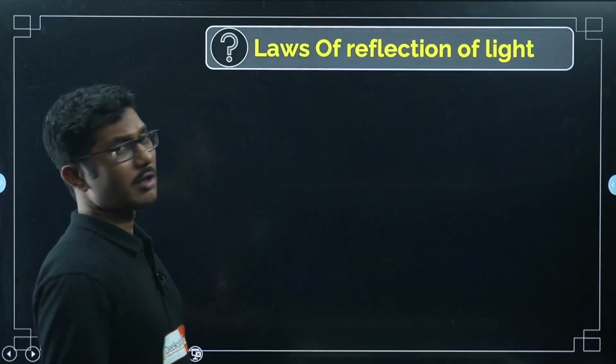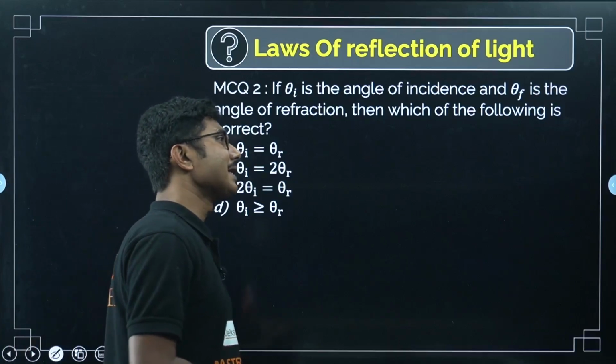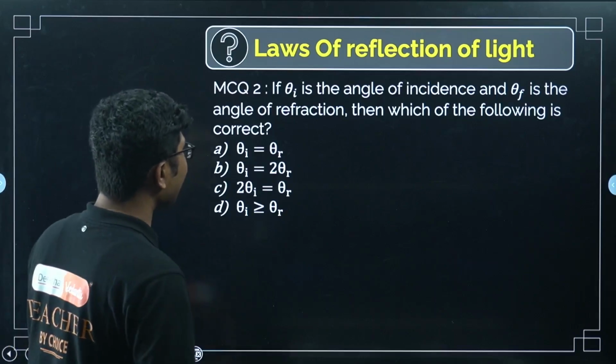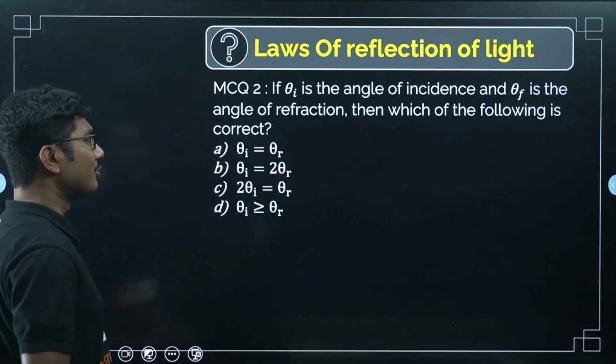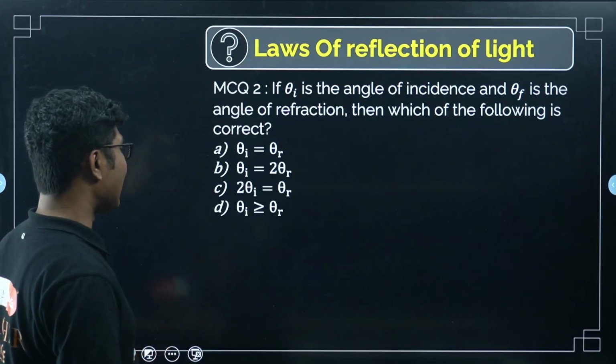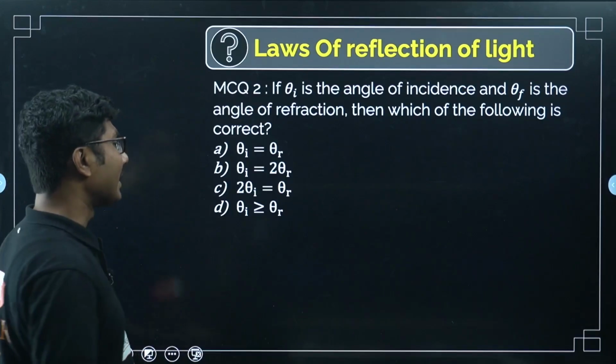Now there are a few laws that have to be obeyed when you are talking about reflection of light. So let us start with the laws of reflection of light. First law: if theta i is the angle of incidence and theta r is the angle of reflection, then which of the following is correct? Theta i equals theta r, theta i equals 2 theta r, or 2 theta i equals theta r, or theta i greater than or equal to theta r.